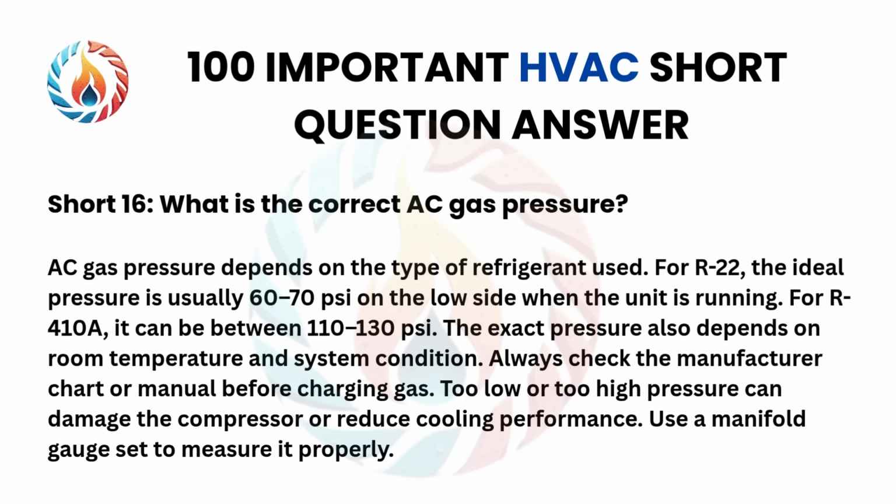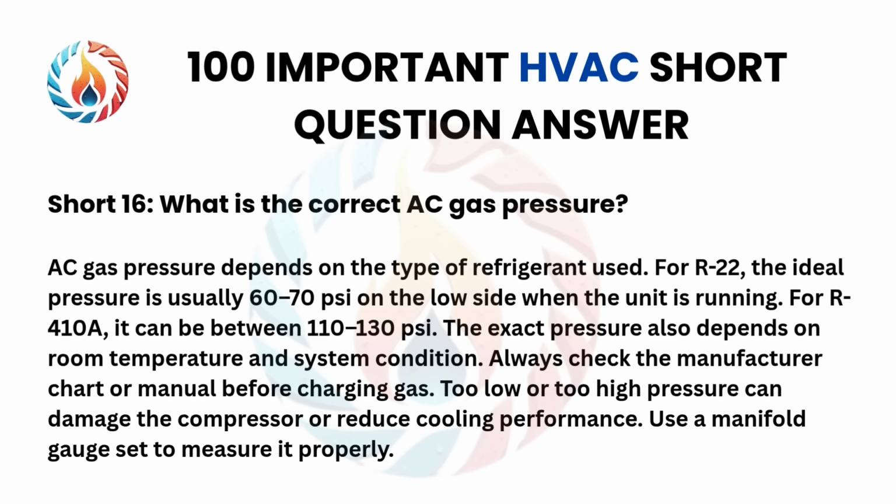Short 16. What is the correct AC gas pressure? AC gas pressure depends on the type of refrigerant used. For R22, the ideal pressure is usually 60-70 psi on the low side when the unit is running. For R410A, it can be between 110 to 130 psi.